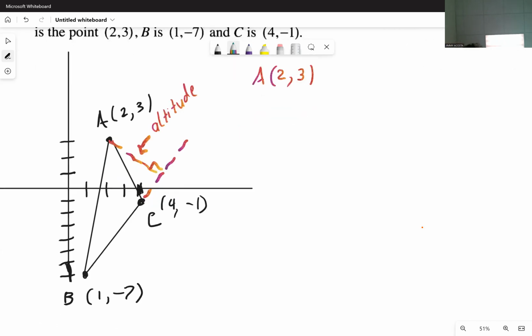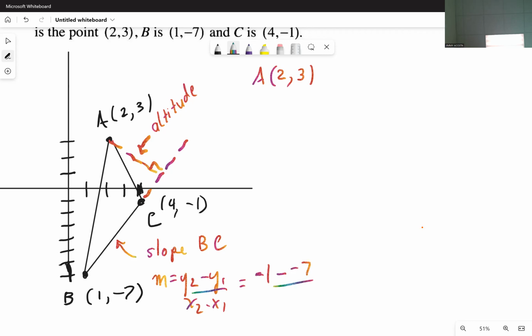The slope of BC, or the gradient, is going to be using the formula y2 minus y1 over x2 minus x1. So you're going to do what? -1 minus -7 divided by 4 minus 1.